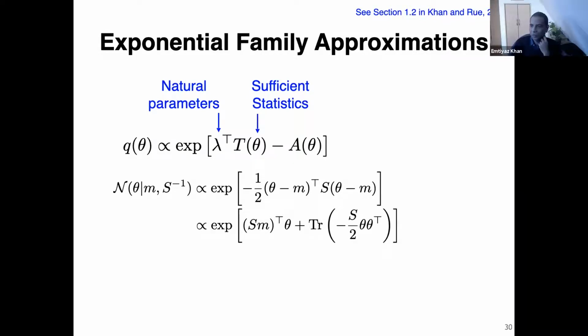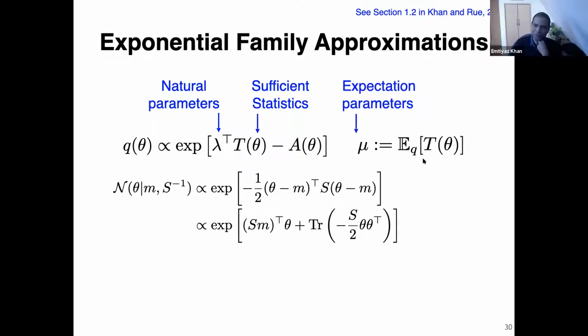Another thing that will be important is the expectation parameters, which are basically just the moments: the expectation of theta and the expectation of theta transpose. We call them moments of a Gaussian. There are two moments for a Gaussian.